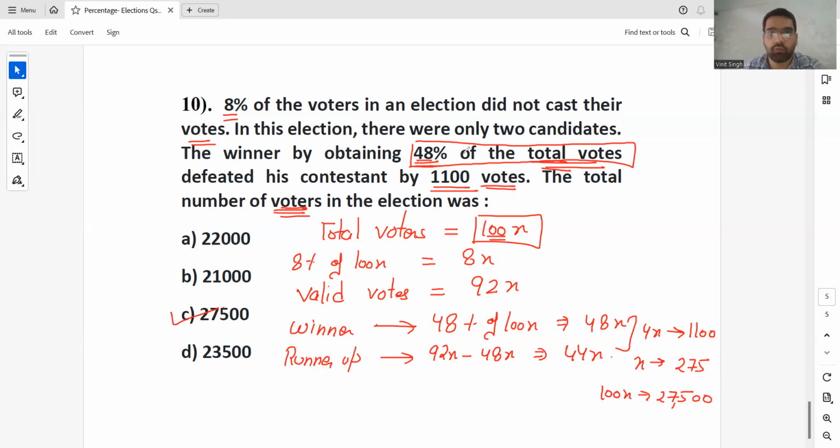In this question, the 48% is given of the total votes, not the valid votes, and we count the votes of the winner and runner-up depending on the valid votes. That's why valid votes are 92x. The winner gets 48% of 100x, which is 48x. The runner-up gets 92 minus 48, which is 44. Here 4x is equal to 1100, and 100x is equal to 27,500.